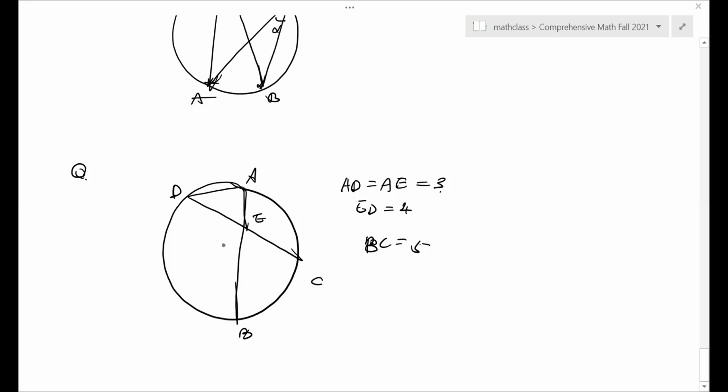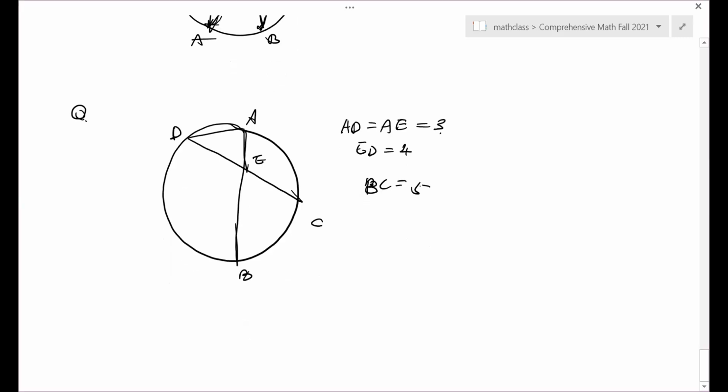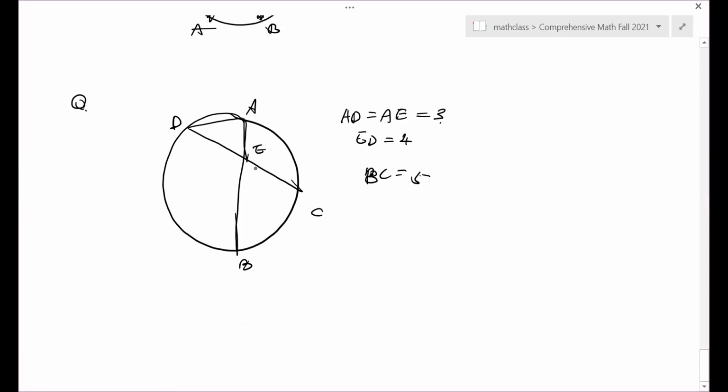So we want to find the area of this part. Now, how do you find the area of this?